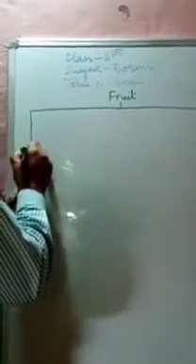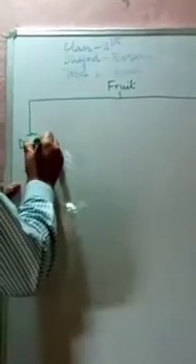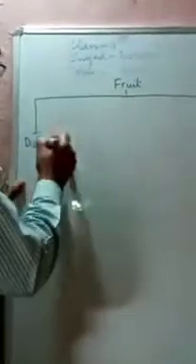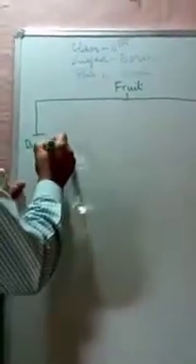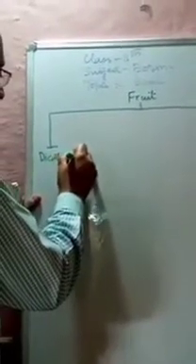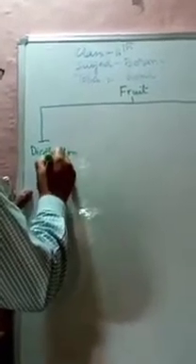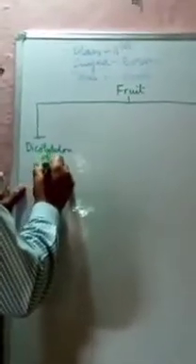If the number of cotyledons is 2, then that seed is called a dicot seed or dicotyledon seed. If we have only one, we have a monocotyledon seed or monocot seed.